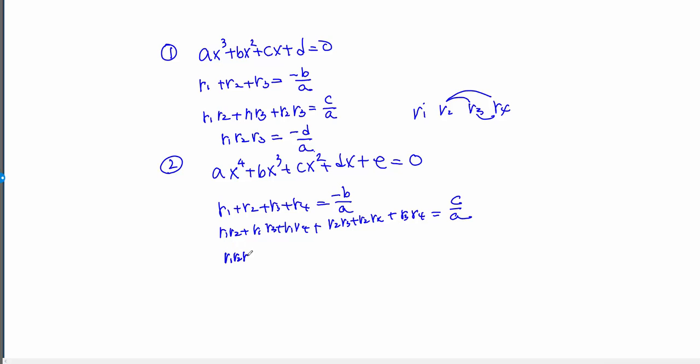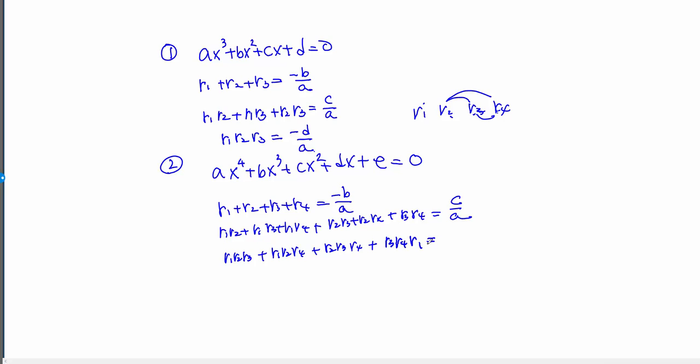r1 r2 r3 plus r1 r2 r4 plus r2 r3 r4 plus r3 r4 r1.